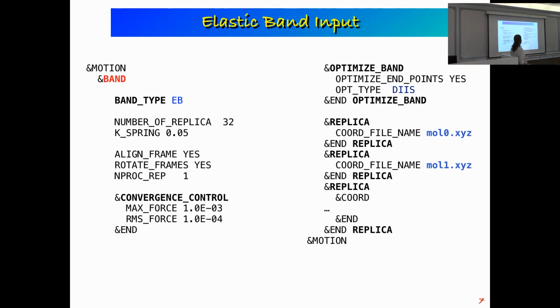If you just give 2 and then you require 32 replicas, the other 30 will be automatically generated by the code, just making interpolations and trying to keep this equidistance. The equidistance is calculated according to the root mean square displacement. The replicas you can give by file name or just giving the coordinates here.